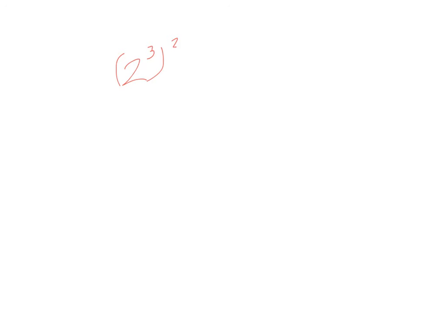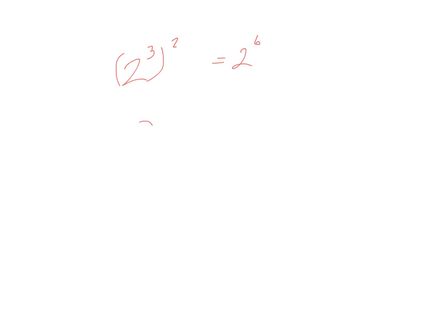First I'll tell you the shortcut, and then I'll tell you why we have the shortcut. So the shortcut is that if you have a base with an exponent that's raised to a power, we're going to multiply these two exponents. So this is 2 to the 6th. That's it. That's really what it is.